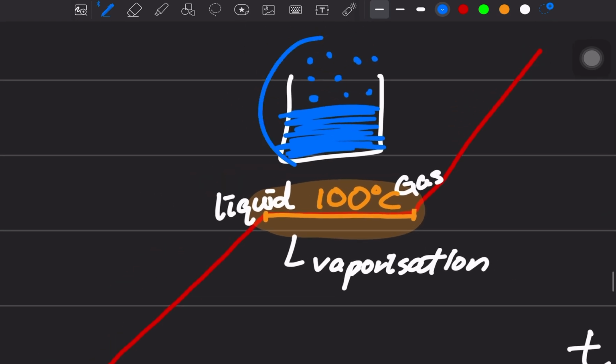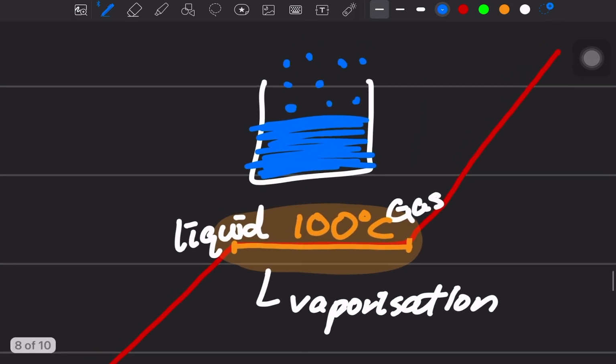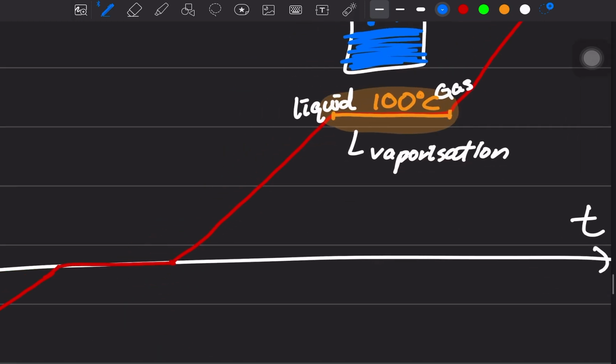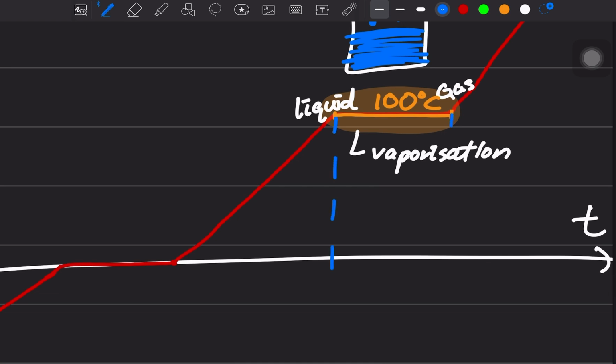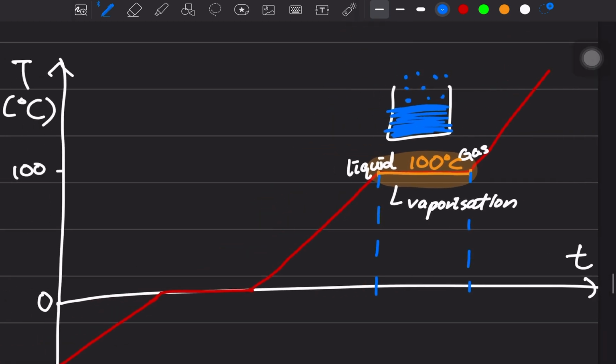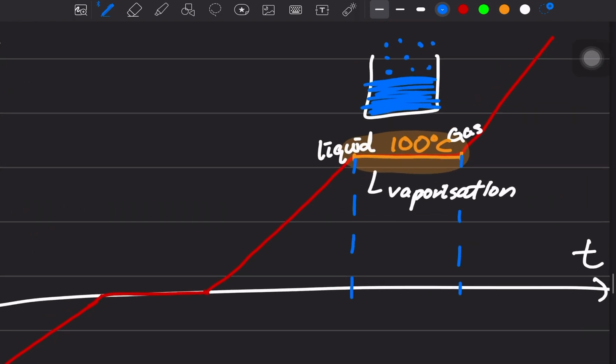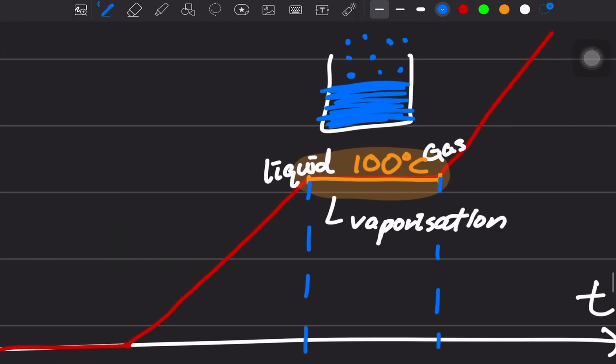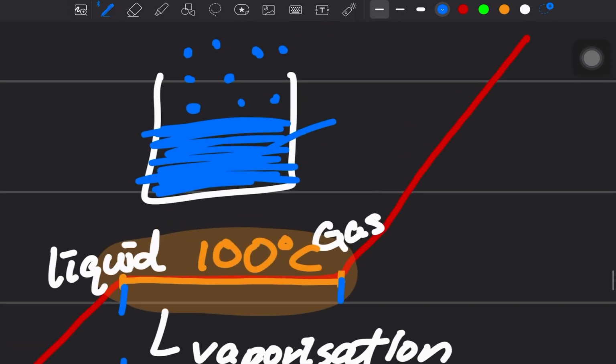So this is the system we have right now. During this time interval, the temperature is constant, and let's say the liquid has a constant temperature.